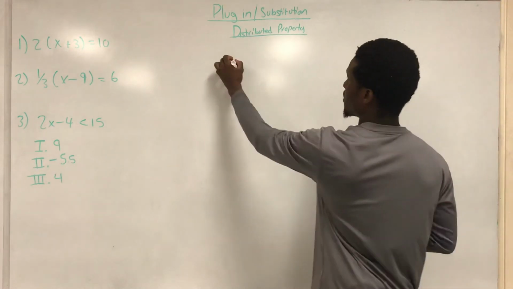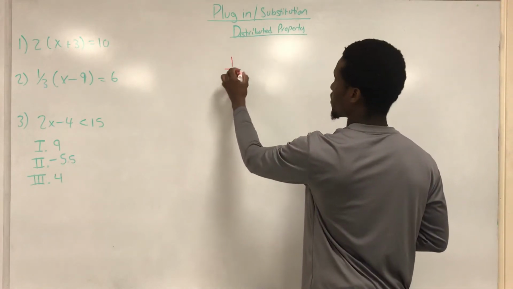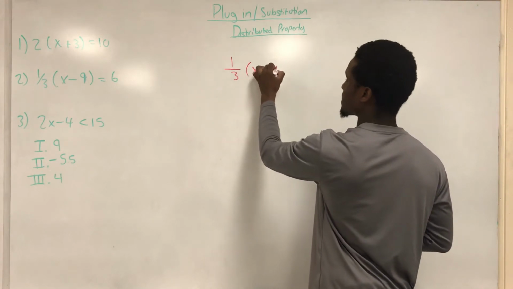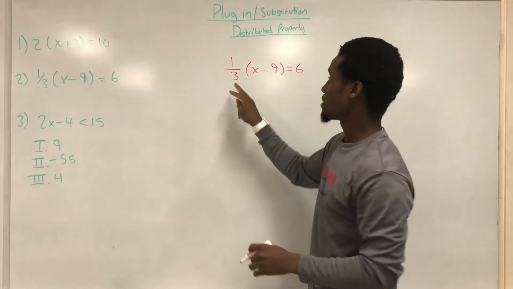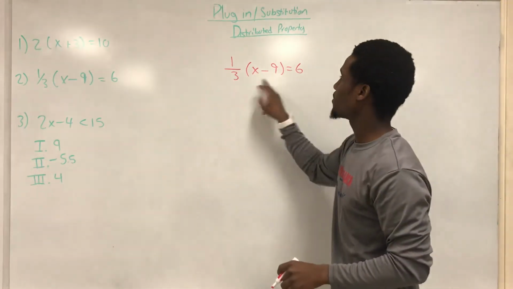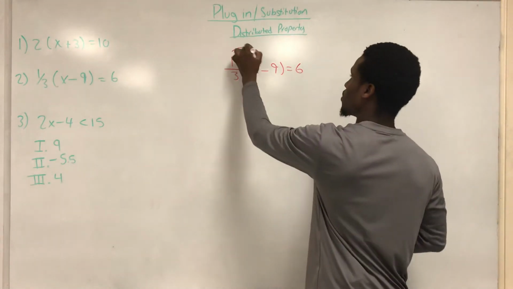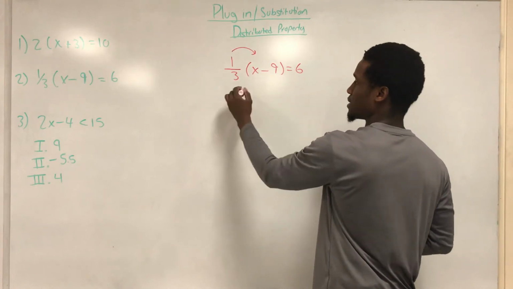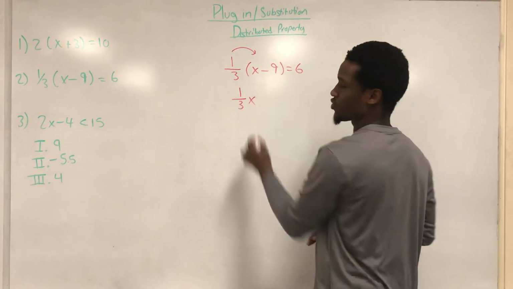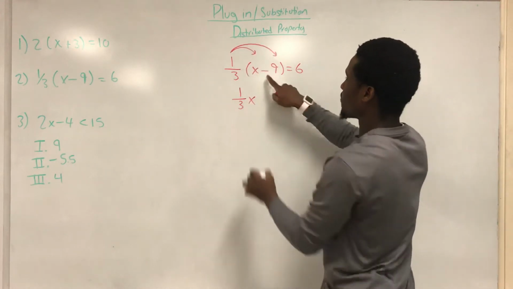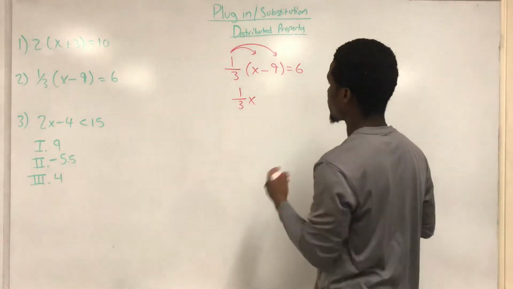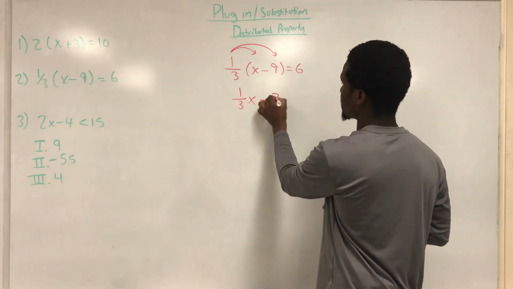We have 1/3 of (x minus 9) is going to be equal to 6. So we'll just go ahead and do the same thing. Take the term on the outside and multiply it by both terms on the inside. So 1/3 of x is 1/3 of x. Remember, of means to multiply. 1/3 of negative 9 is equal to negative 3.